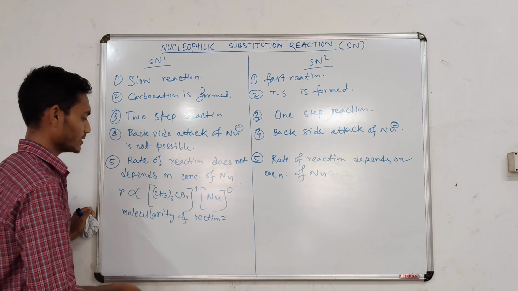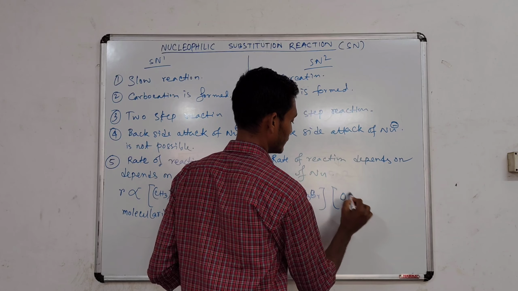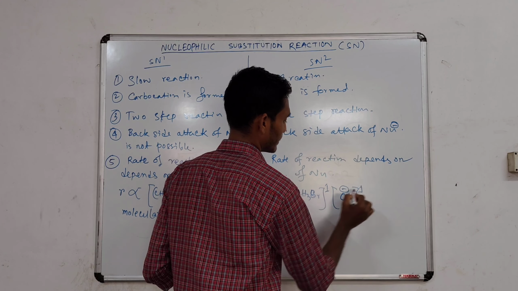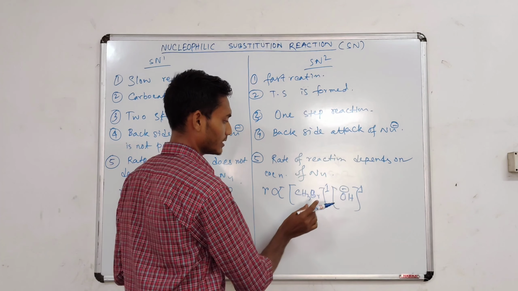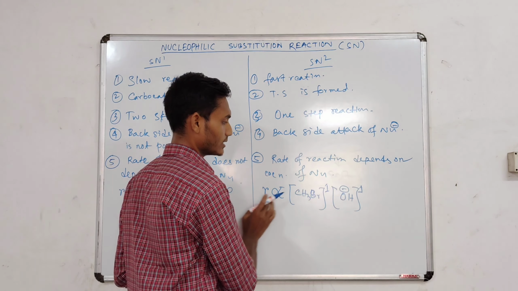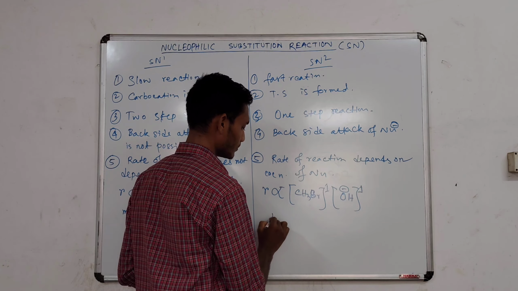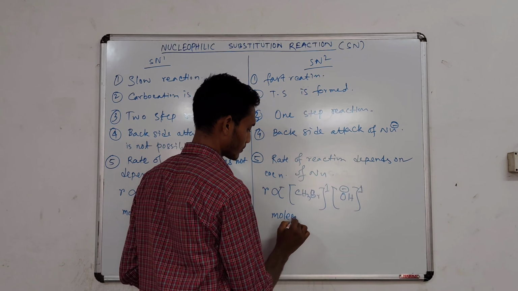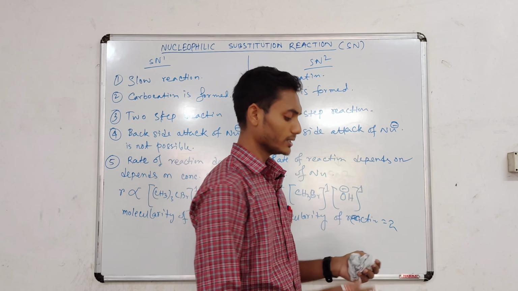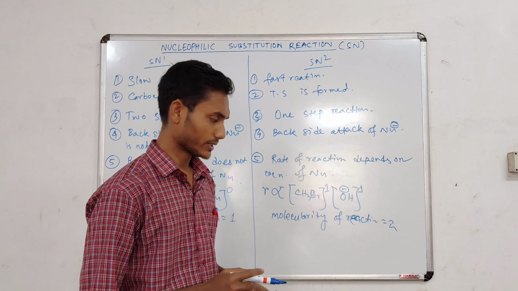In SN2 reaction, the rate of reaction depends on methyl bromide as well as nucleophile, so the molecularity is 2. That's why we call it a bimolecular nucleophilic substitution.